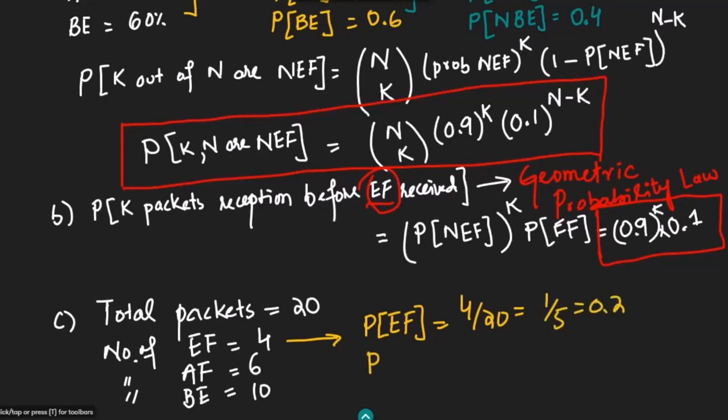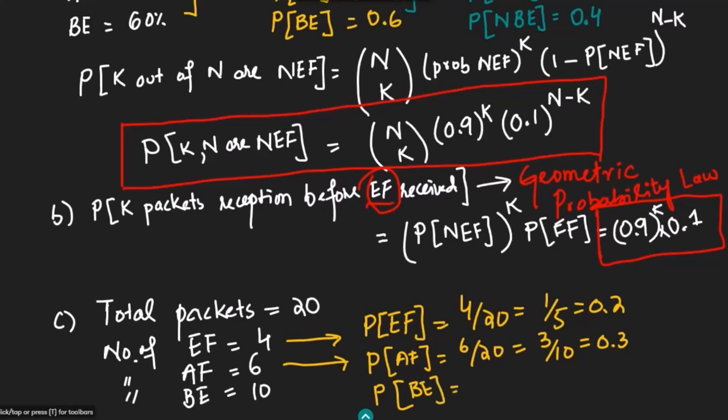Similarly, the probability of AF is 6 divided by 20, or 3 divided by 10 or 0.3, and the probability of BE would be 10 divided by 20 or 0.5.